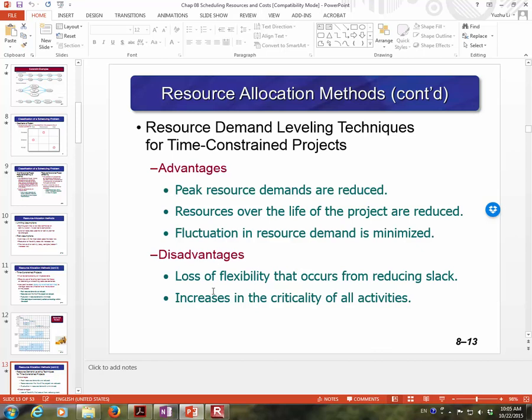The disadvantage is we lose some flexibility because you use the slack time, so the project is more constrained, and you increase the criticality of activities.